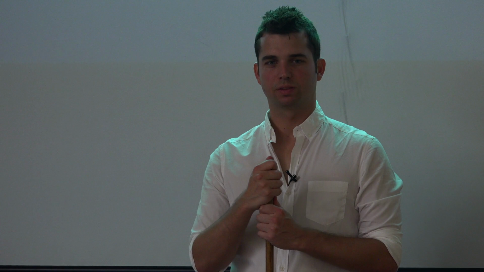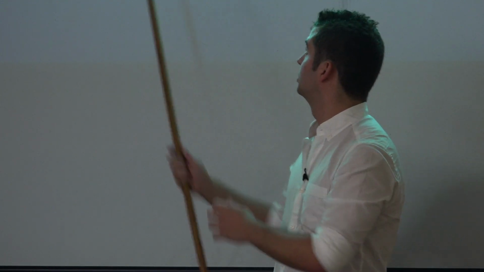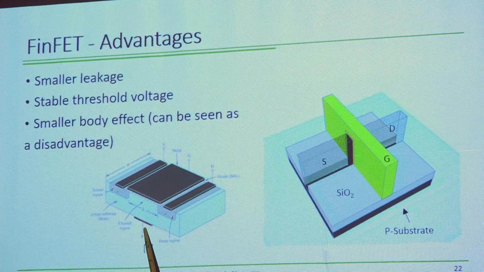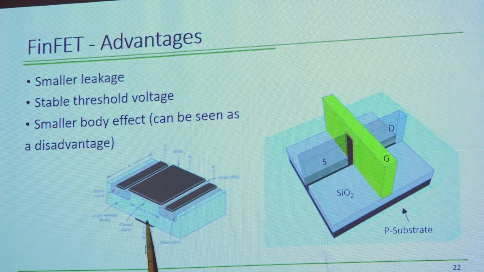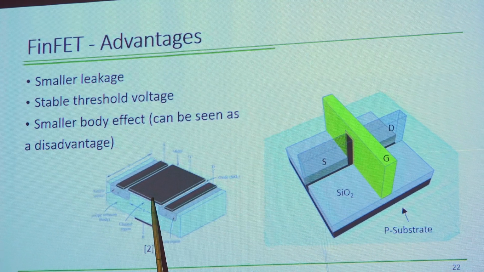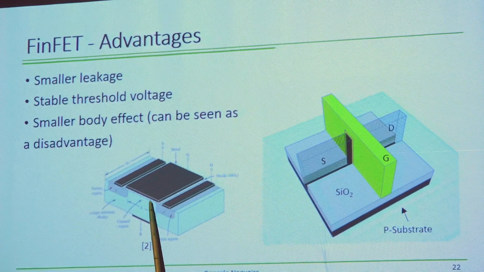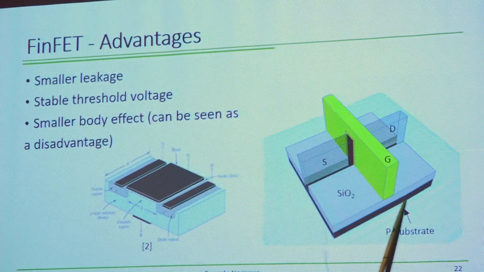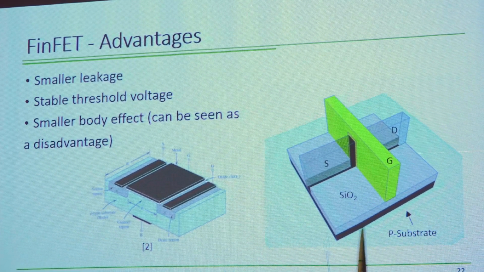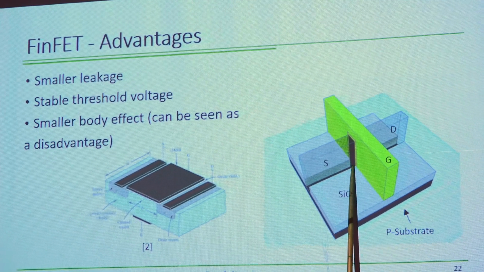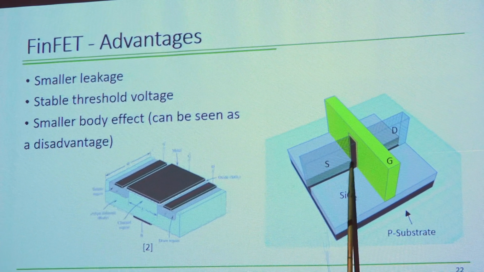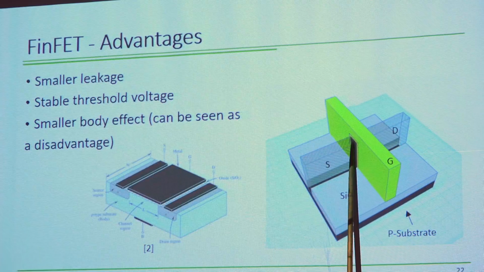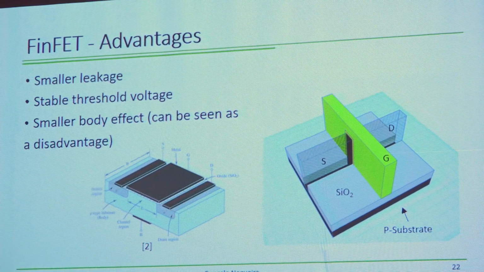One consequence is the smaller body effect. This is easy to see. Here, you define the voltage of the body, and it enters directly into the channel. You've got the full channel here, with all the surfaces. Well, here you define the voltage for the body. What happens? You possibly affect the beginning here, but you don't affect the entire channel upstairs.